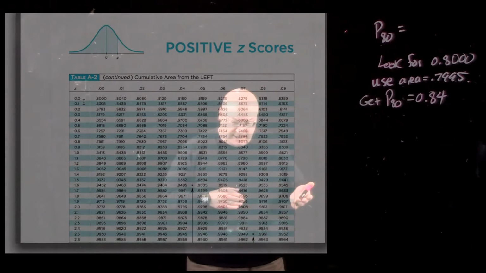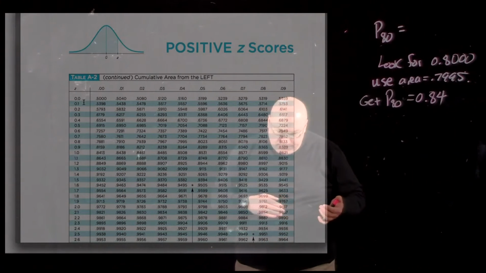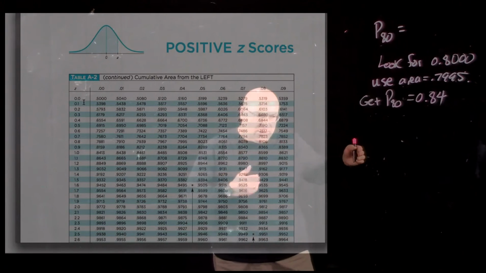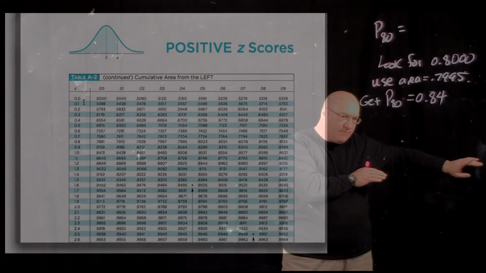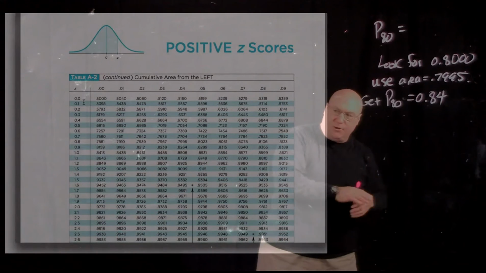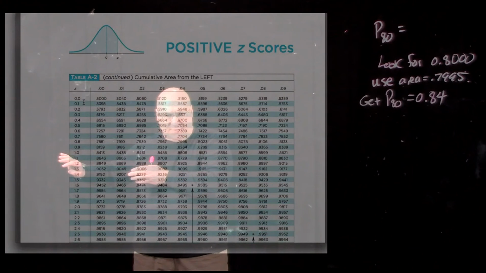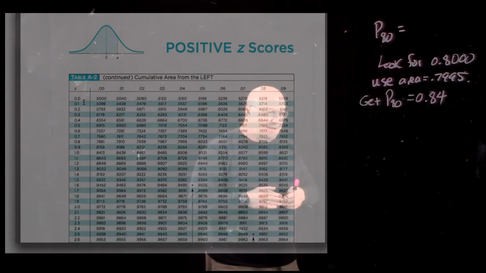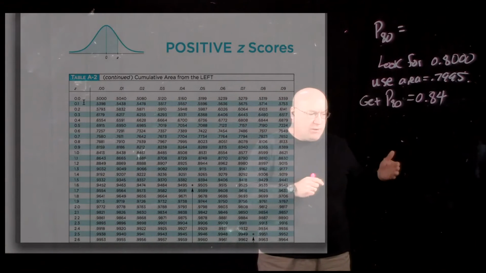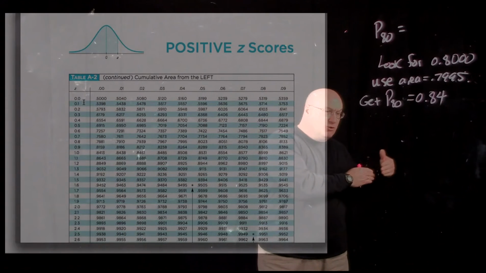And how do you decide what those z-scores, those cutoff values, are? Well, you decide that you're going to go out so far that you have a certain level of probability off to your right, or way over here where you have just a certain level of probability off to your left. If you require the cutoff z-score to have only a small probability to its right, then anything beyond that is unusually large.